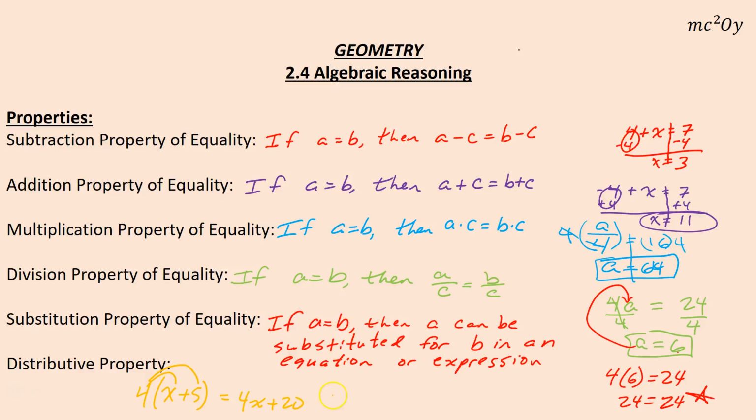Written in letters, the general form is A times B plus C equals AB plus AC. And you could use subtraction in between. It could be minus in here, and that would do the same thing. All right, so some quick review there.